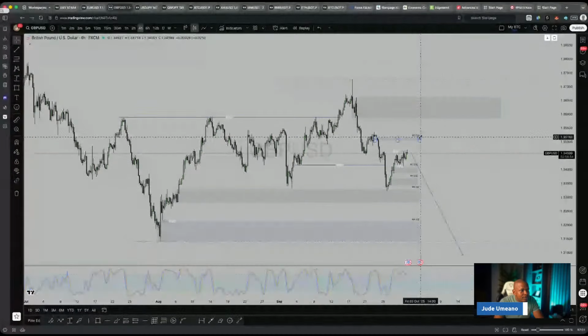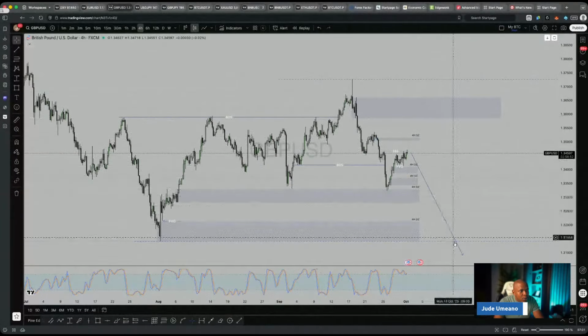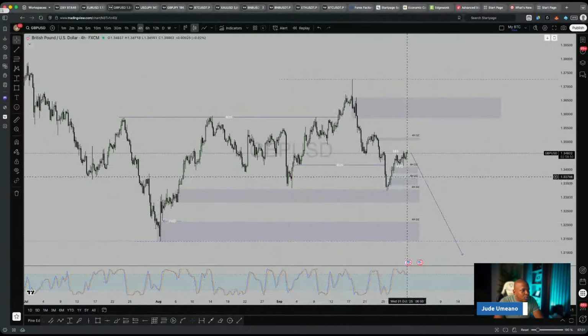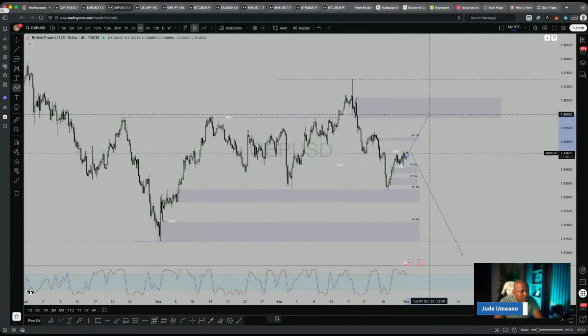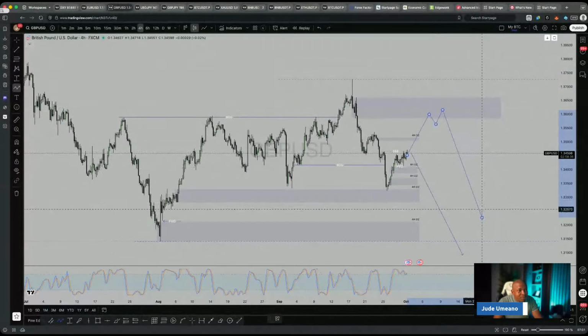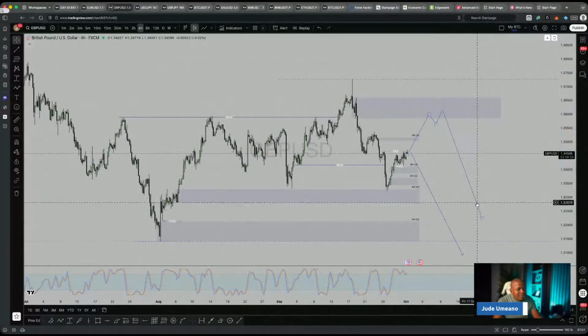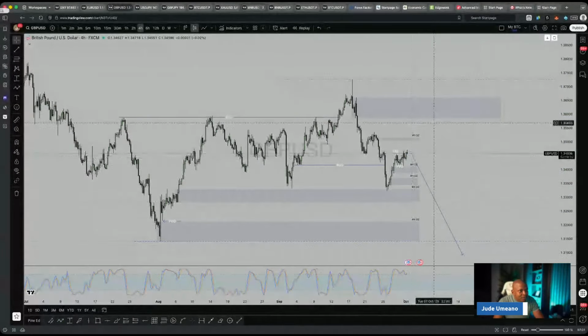Mind you, I said we can go above, or we can go below. So what we're interested in right now is to trade at least to this point, because we can have price come down, and we can also have price go up from here. But we're not interested in what is happening there until we get there. What we're interested in now is to trade to this particular zone or this particular zone.